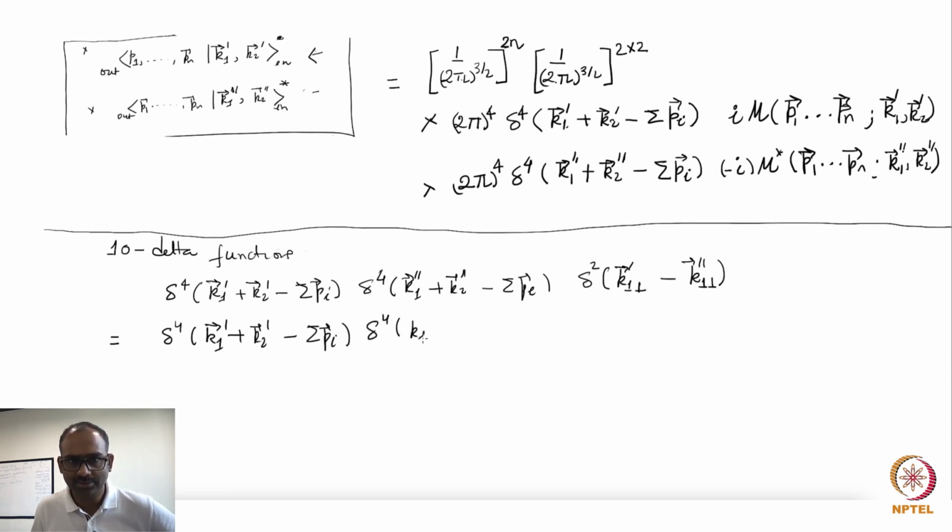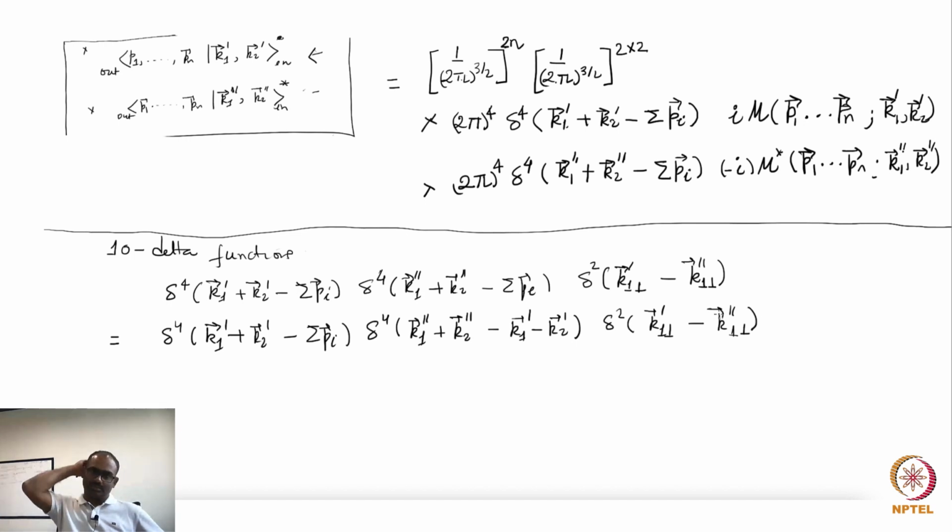So I will write this one as k1 double prime plus k2 double prime minus k1 prime minus k2 prime, times delta 2 of k1 prime perpendicular minus k1 double prime perpendicular. Good, so that is what we have.